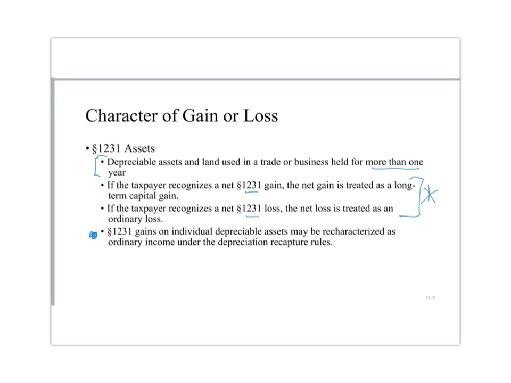There is a caveat. Potentially your 1231 gains this year could be recaptured or recharacterized as ordinary income depending on the depreciation recapture rules, and we have this thing called the 1231 look back rule.